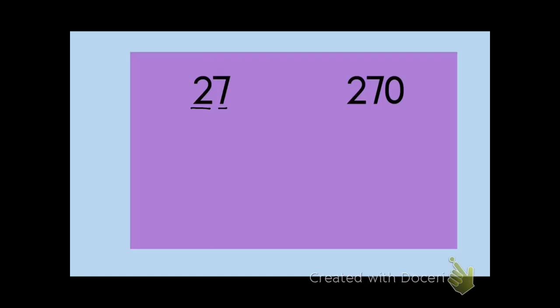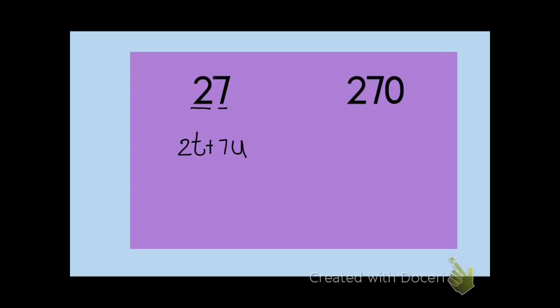How many times? 2 times, yes. And by the units, we have to count in ones till 7. So we will have 2 tens and 7 units, which gives us 27.